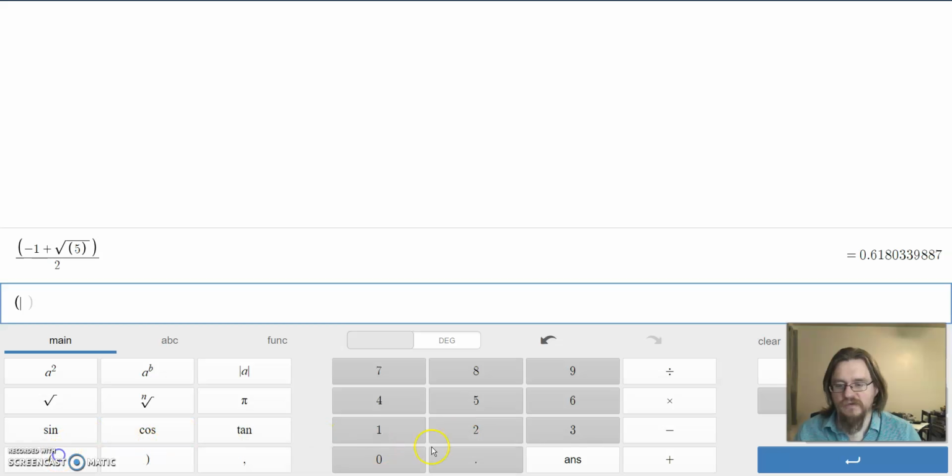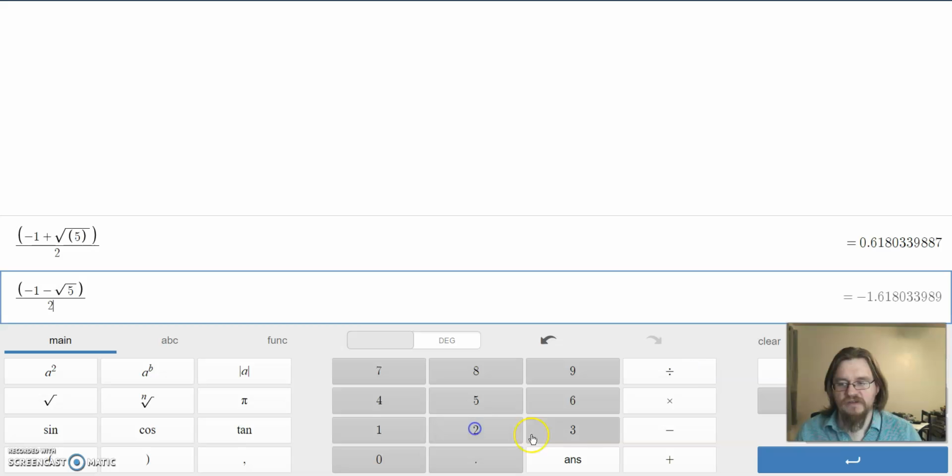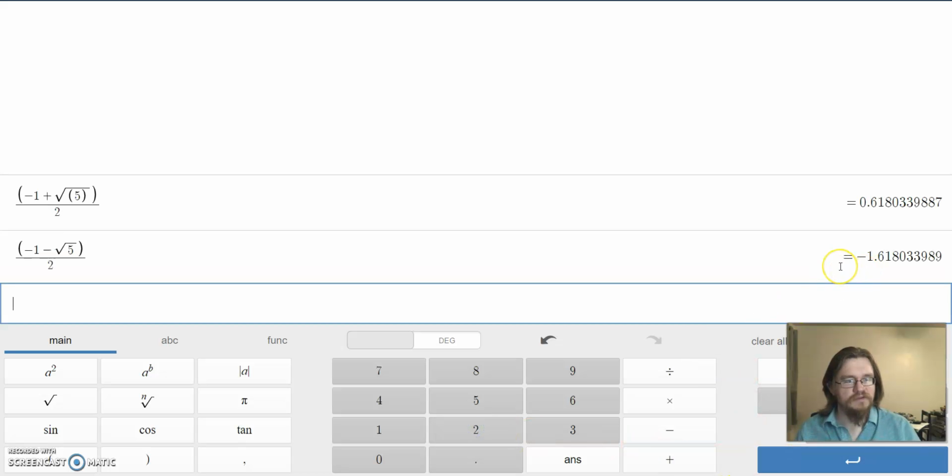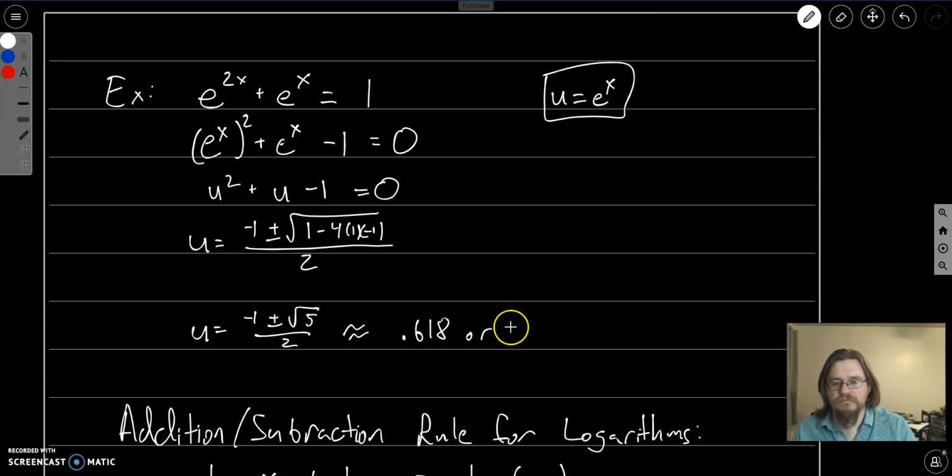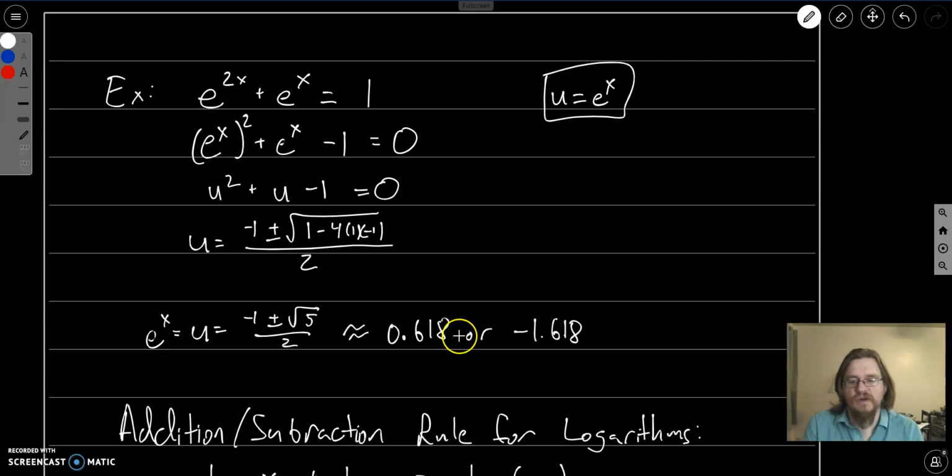We'll have negative 1 minus the square root of 5 divided by 2. That's going to equal negative 1.618. And this is what e to the x is meant to be. So e to the x is going to be either 0.618 or negative 1.618.